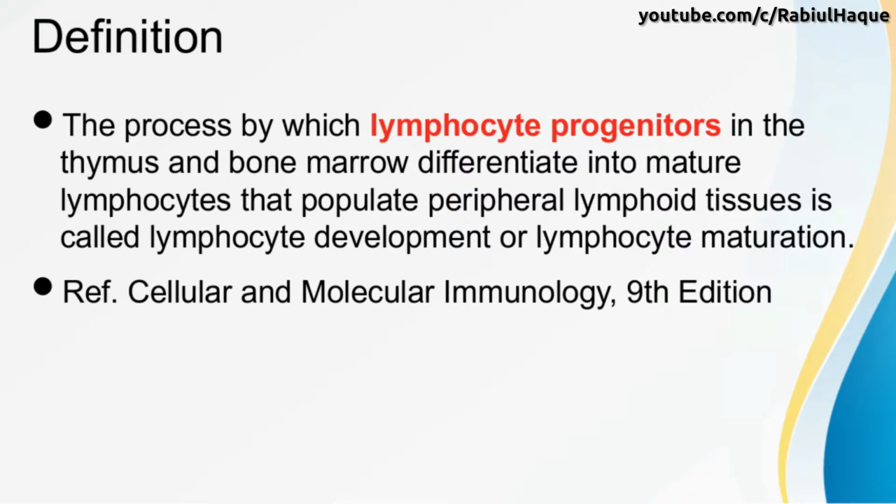So how can we define lymphocyte development? The process by which lymphocyte progenitors in the thymus and bone marrow differentiate into mature lymphocytes that populate peripheral lymphoid tissues is called lymphocyte development or lymphocyte maturation.